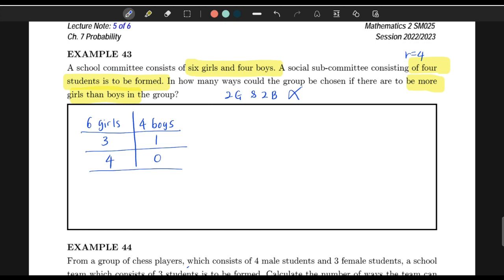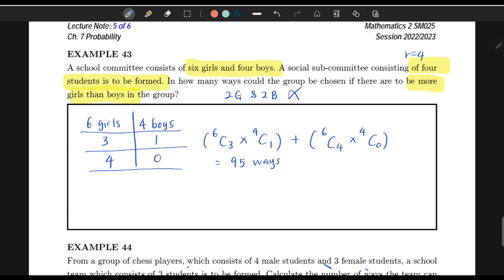So what is the solution? From 6 girls, we choose 3, and from 4 we choose 1 boy. Or from 6 girls we choose 4 girls, and no boys, 4C0. So the number of ways is 95.